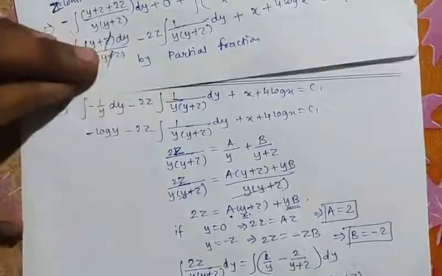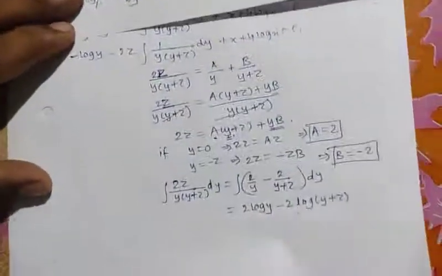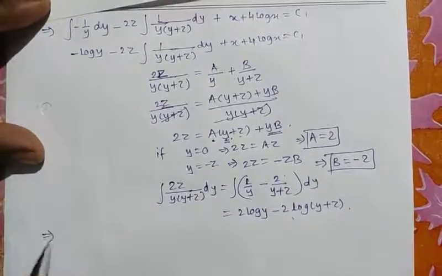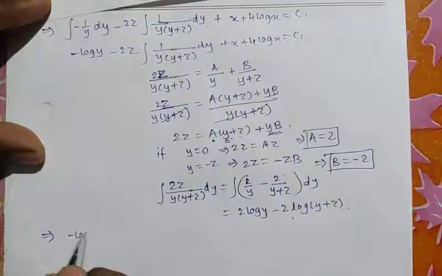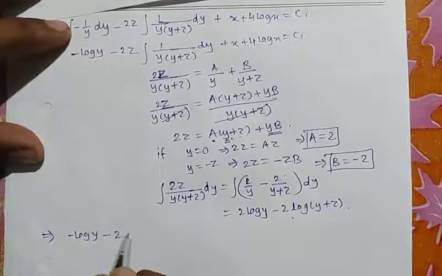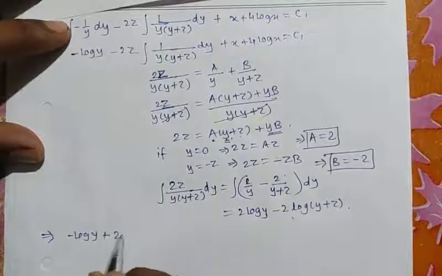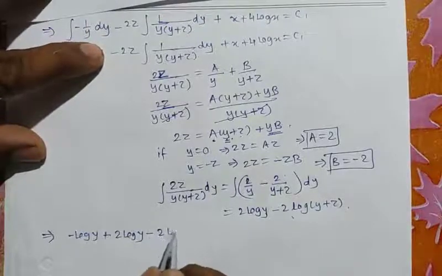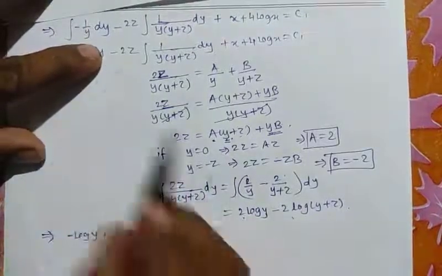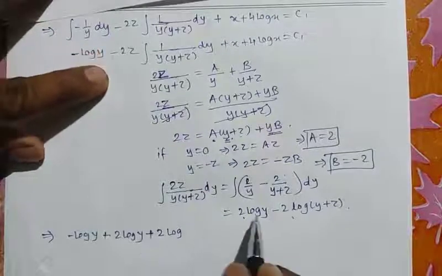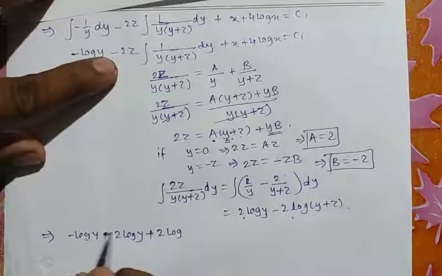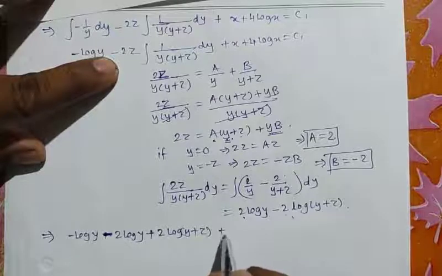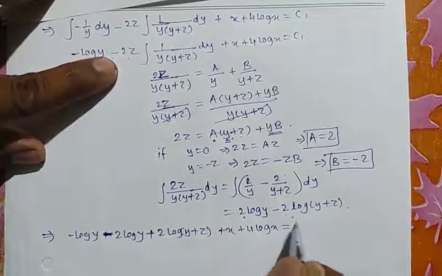So substituting this value in this equation, we get 2 log y minus 2 log of y plus z. Therefore, substituting in the equation, minus log y plus 2 log y minus 2 log of y plus z plus x plus 4 log x is equal to c1.